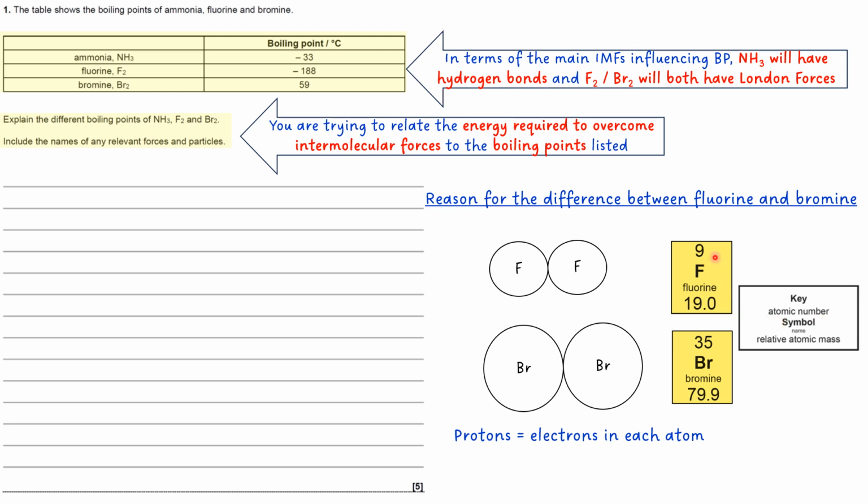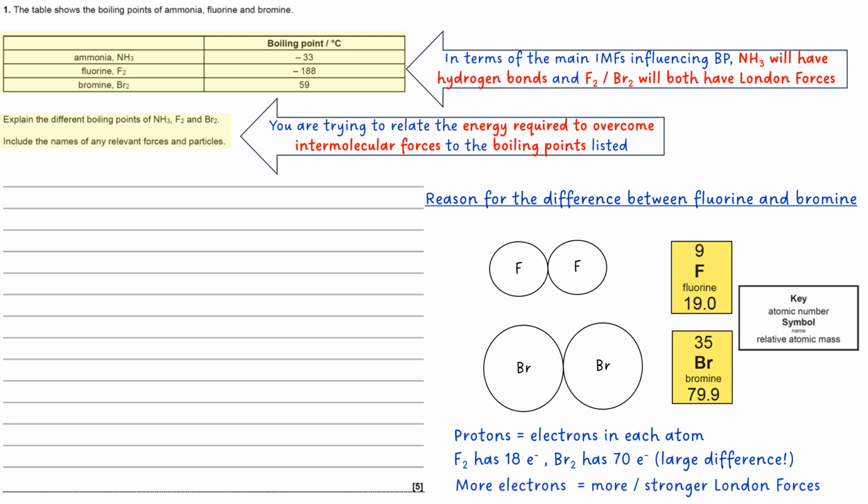For fluorine it's 9, and for bromine it's 35. Considering you've got 2 fluorine atoms in F2, you multiply 9 by 2, and you've got 2 bromine atoms in Br2, so you multiply 35 times 2. That gives us 18 electrons in a fluorine molecule and 70 electrons in a bromine molecule. Quite a large difference.